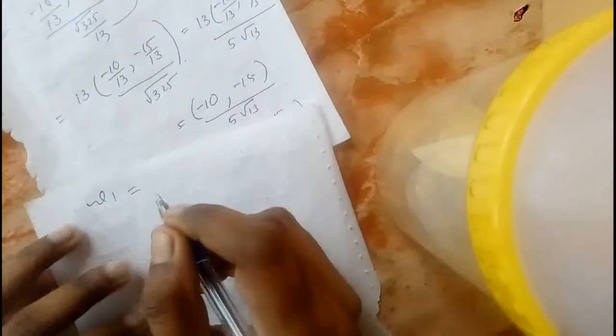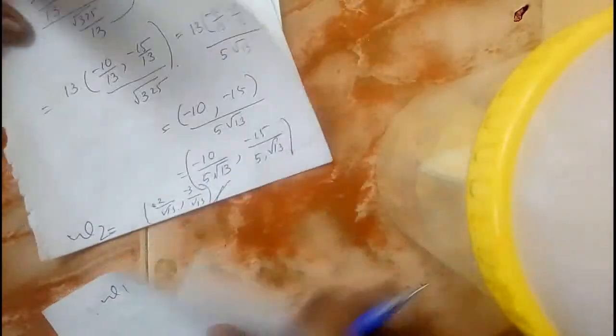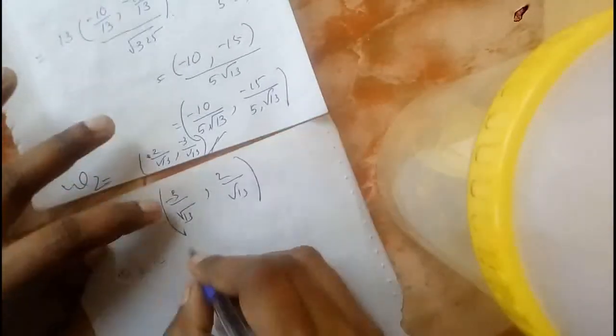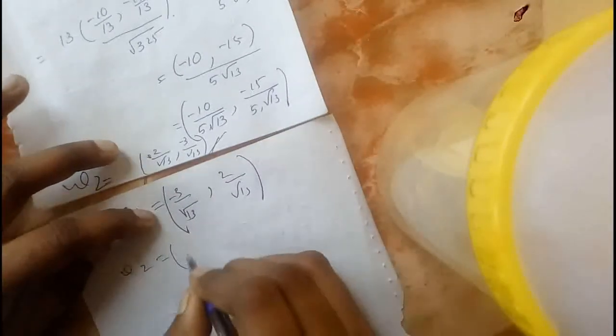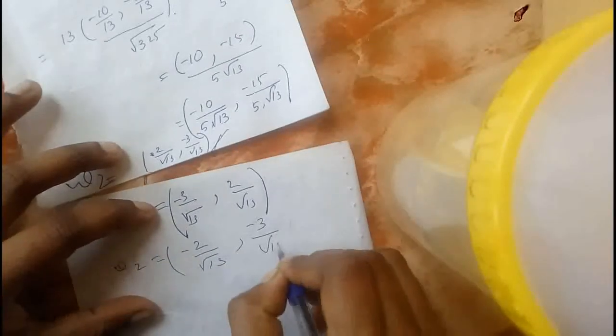So here we got W1, which is (-3 by root 13, 2 by root 13), and W2 equal to (-2 by root 13, -3 by root 13).